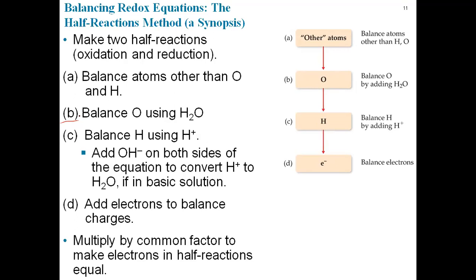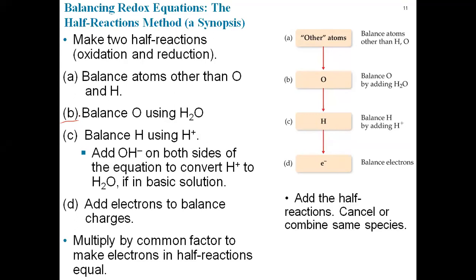Once you have both half reactions balanced, atoms and charge, you multiply by a common factor to make the electrons in the two half reactions the same. Then you add the two half reactions, cancel out or combine the same species.